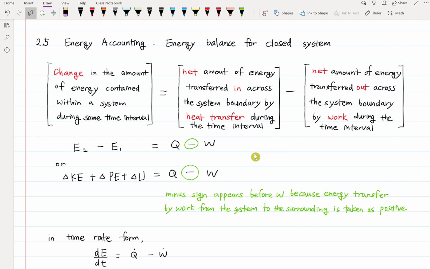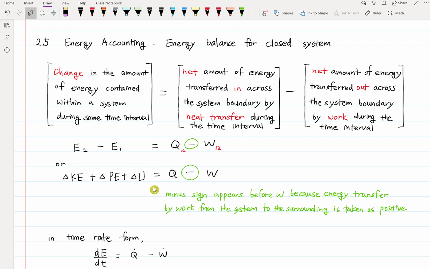So we can also write Q12 minus W, net amount of energy transferred by work. Or we can also write W12. The energy change in the system can also be written as kinetic energy change, potential energy change, and internal energy change.